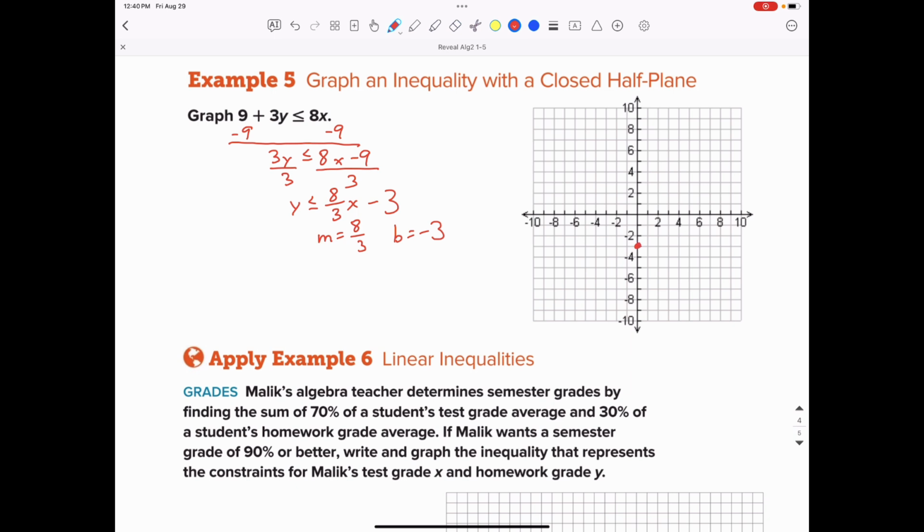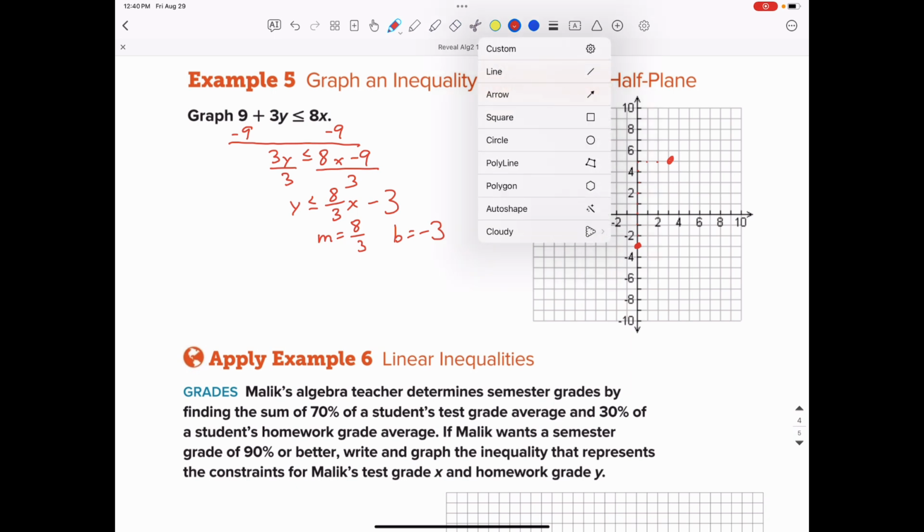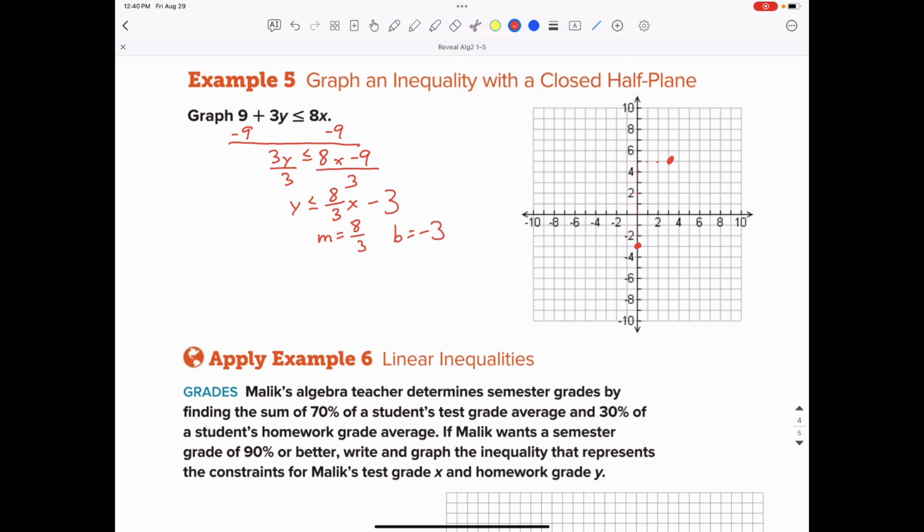From that point, I'll go up 8, 1, 2, 3, 4, 5, 6, 7, 8, and over 3. Place a second point there, and then connect both of those with a solid line. The reason we're doing a solid line this time is because it is less than or equal to. Since it is equal to, a solid line indicates that the line is part of the solution.